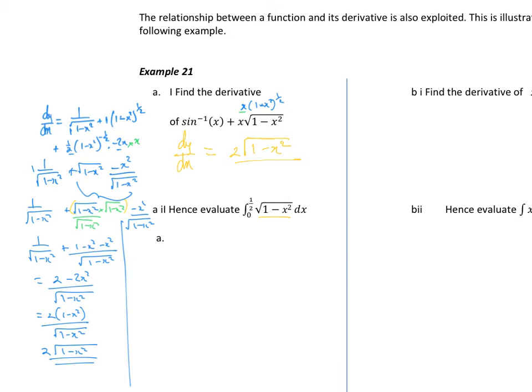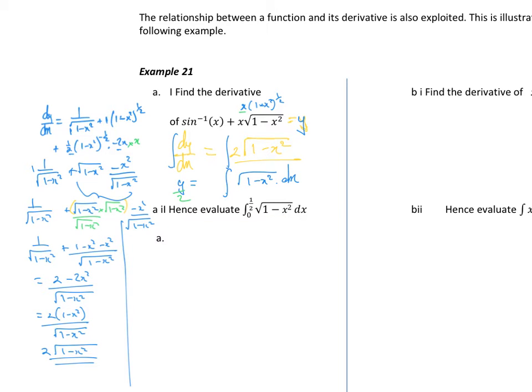So if this function here is y, that means that if I anti-differentiate both sides here, y is equal to 2 times the antiderivative of square root of 1 minus x squared dx, yeah? So bring that 2 across, so I'll say y on 2 is equal to the antiderivative, which is what I'm looking for.